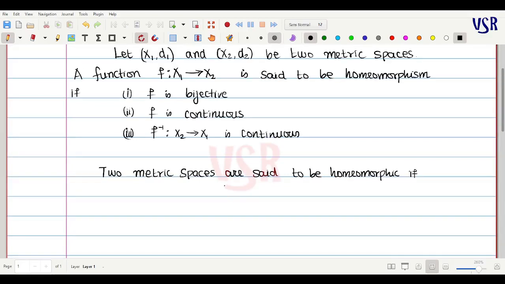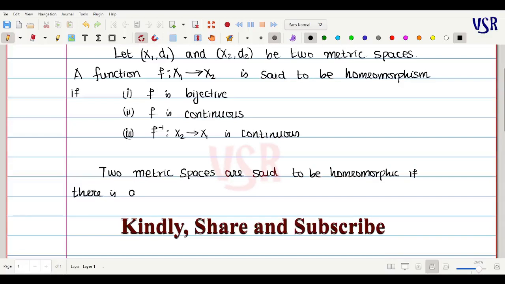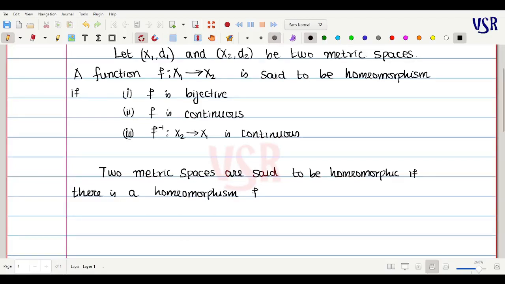Two metric spaces are said to be homeomorphic if there is a homeomorphism f from x1 to x2.